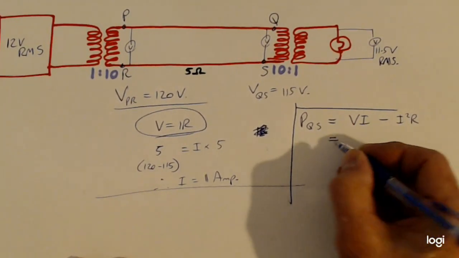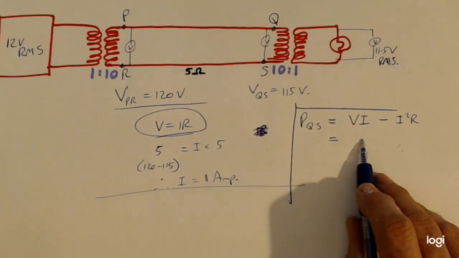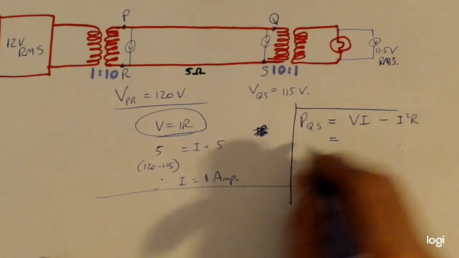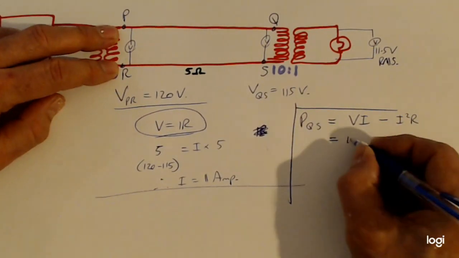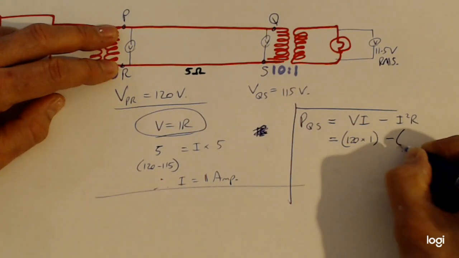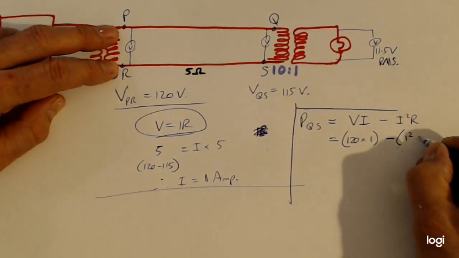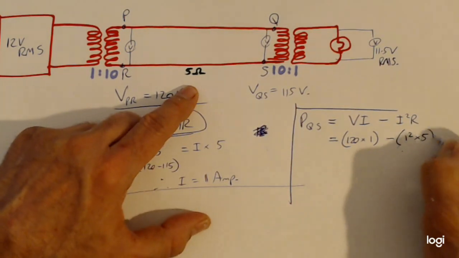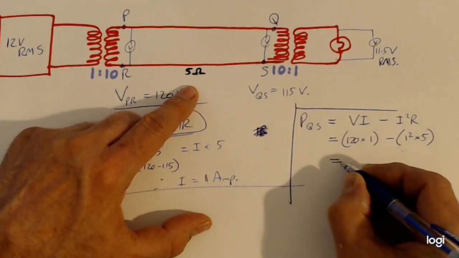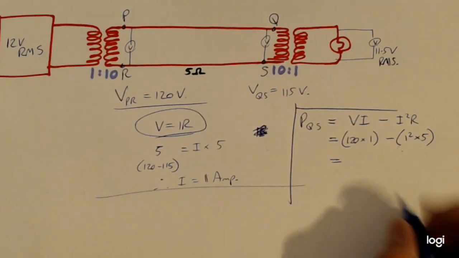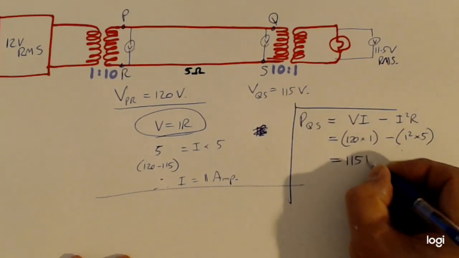So we're just going to fill all this in and make sure we've got the right figures. Over here, VI, V here is 120, I is 1, we just found out what the I was, minus I is still 1 squared, times the resistance, which is 5. All right. Work out what that comes to. It's 120 minus 5, it's 115 watts.